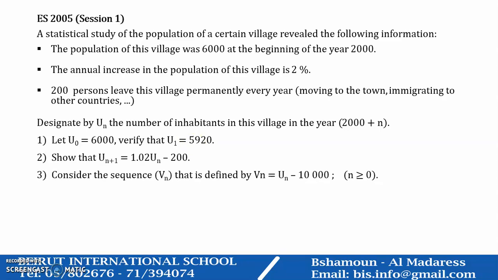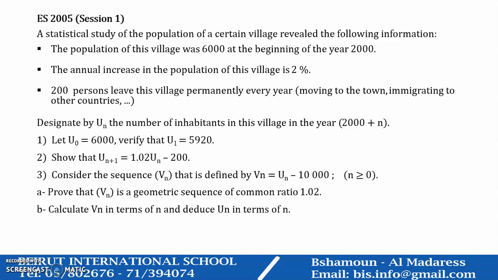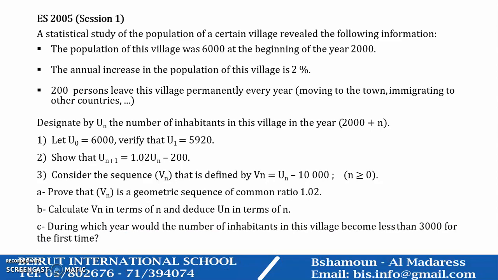Also, they gave us a new sequence Vn in terms of un, which is equal to un minus 10,000. They ask us to show that Vn is a geometric sequence of common ratio and first term to be determined, and to express Vn in terms of n and un in terms of n. The last question is, during which year would the number of inhabitants in this village become less than 3,000 for the first time?